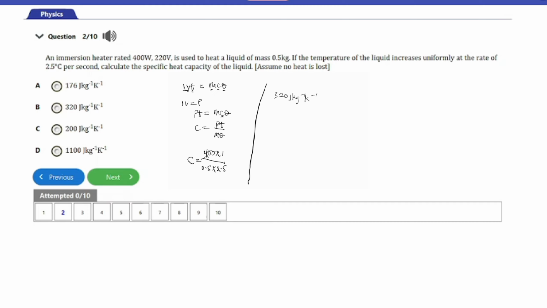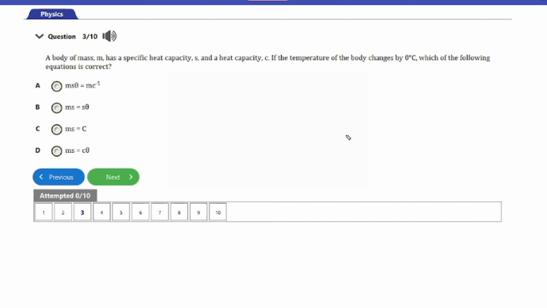Let's go ahead and consider the next question. That's question number 3. It says a body of mass M has a specific heat capacity S and a heat capacity C. If the temperature of the body changes by theta degrees Celsius, which of the following equations is correct?